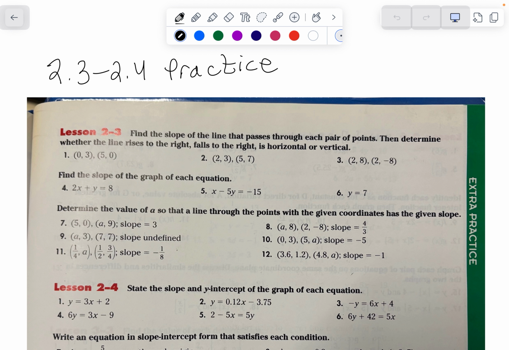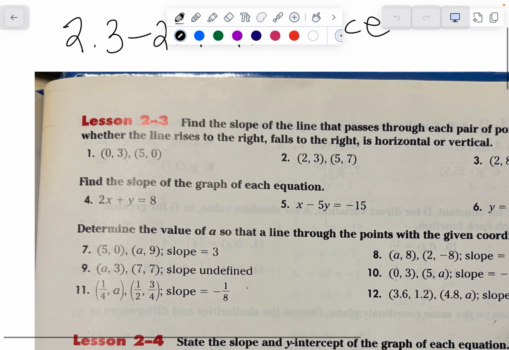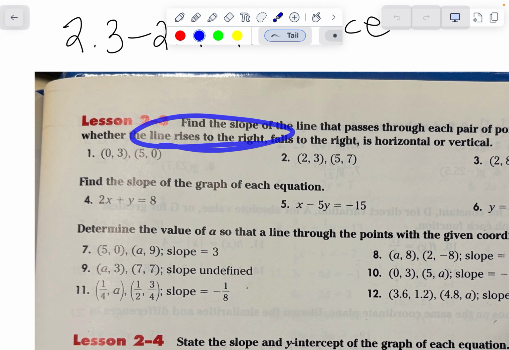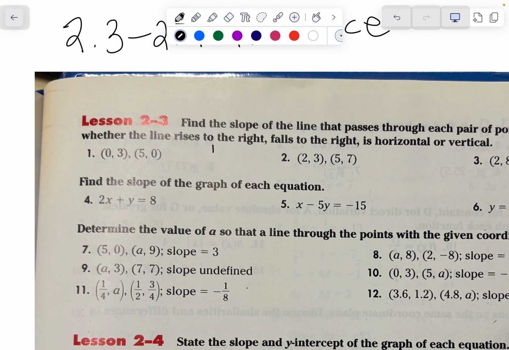It says find the slope of the line that passes through each pair of points, then determine whether the line rises to the right, falls to the right, or is horizontal or vertical. Let's talk about that for a minute. If a line rises to the right, that just means positive slope. Falls to the right, negative slope. Horizontal has a 0 slope.